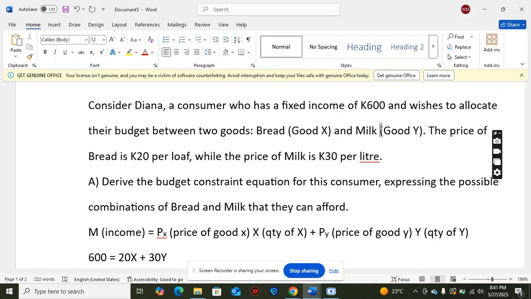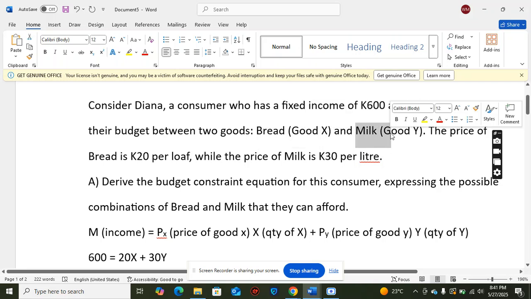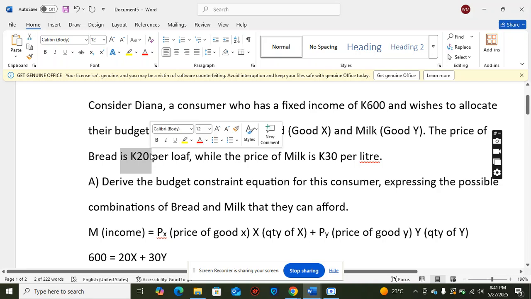In real life you can buy many goods, but here we just assume two goods. These goods are bread and milk. The price of bread is 20 kwacha per loaf, and the price of milk is 30 kwacha per liter. They're asking us to derive the budget constraint equation for this consumer, expressing the possible combinations of bread and milk that they can afford.